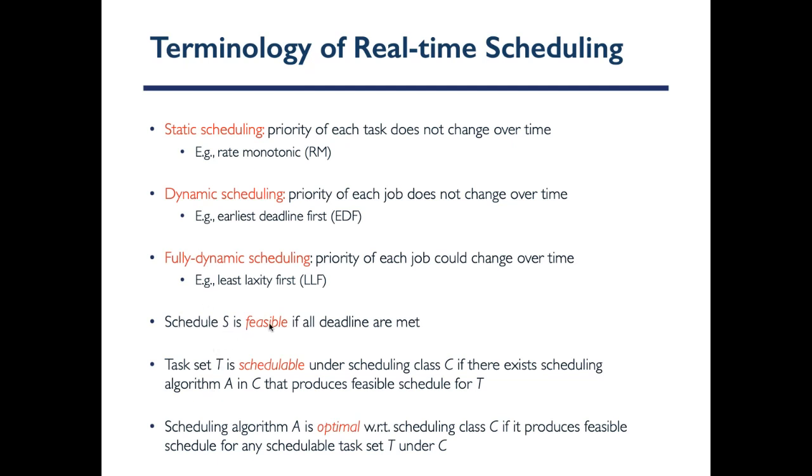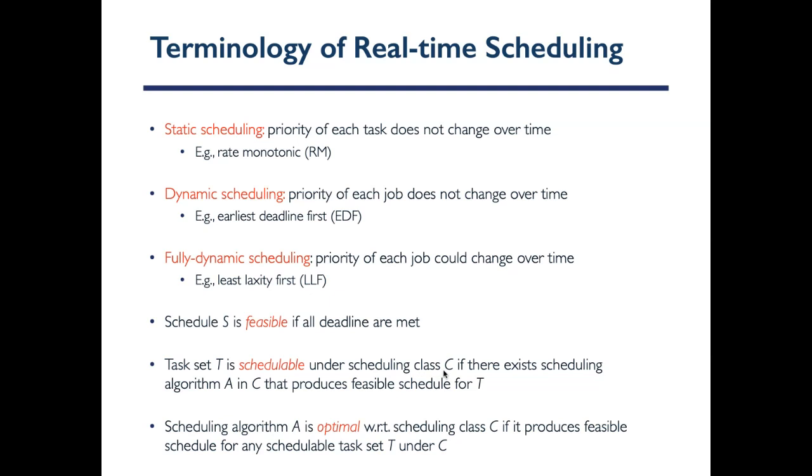First of all, you should know what a feasible schedule is. A feasible schedule is a schedule under which all the deadlines are met. That's the definition of feasibility. That definition is about a schedule. Now, for each task set, for each workload, we say it is schedulable under a class of schedulers.